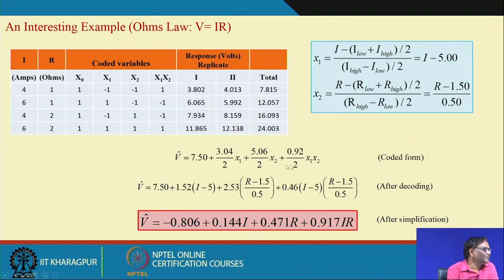You can convert it to original variables also, and you will get this equation. So what you are getting here with coded variables is not V equal to I R, Ohm's law, but V equal to this plus this plus this plus this.